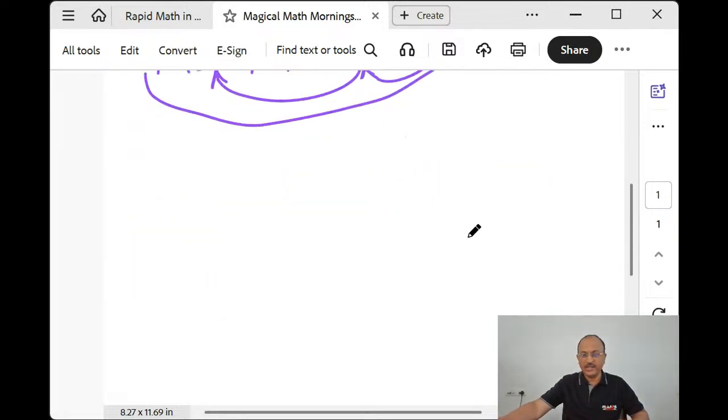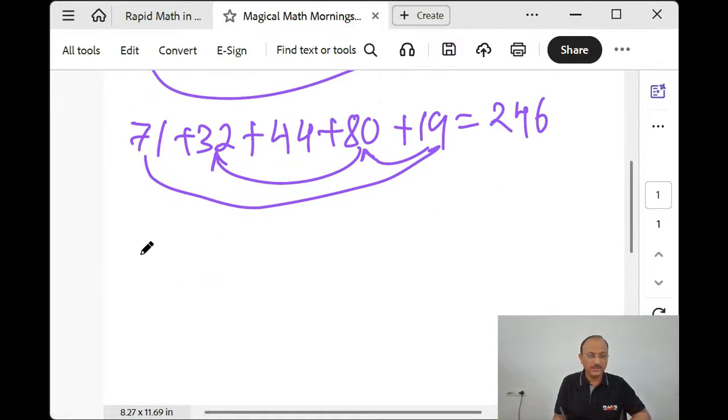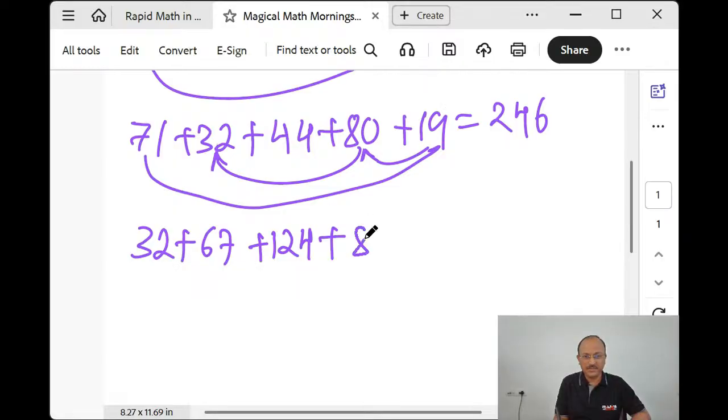Correct? No? Let's take the last question for today. Very good. 32 plus 67 plus 124 plus 88 plus 46. Go ahead.